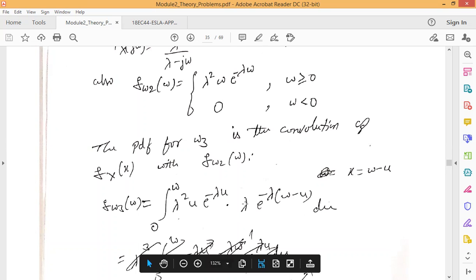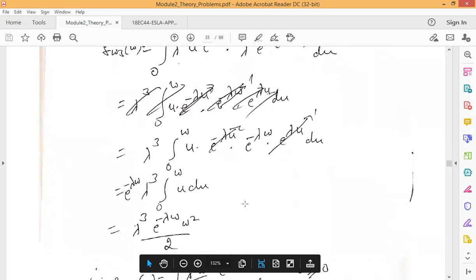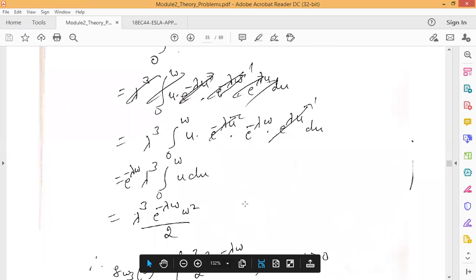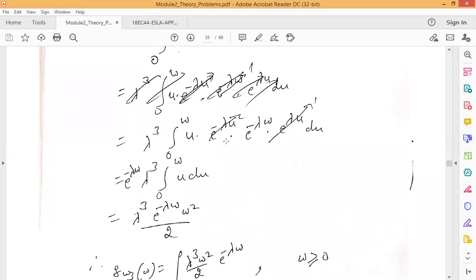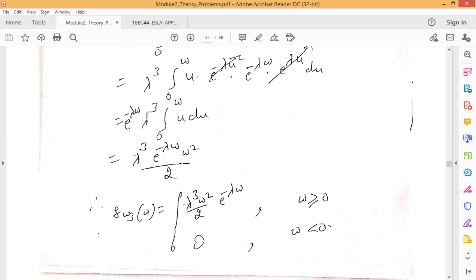Now integrating this and simplifying step by step. Here e to the power minus lambda u and e to the power plus lambda u result in e to the power 0, which is equal to 1. Then taking e to the power minus lambda w and lambda cube outside the integral, and integrating u with respect to u over the range 0 to w, it results in the new PDF lambda cube e to the power minus lambda w into w square by 2.